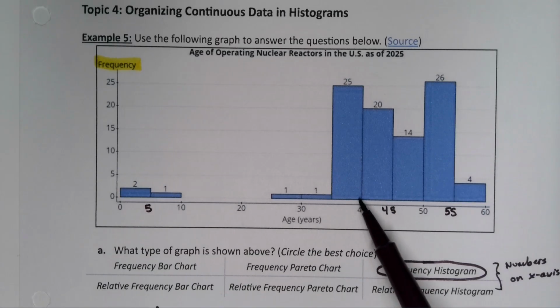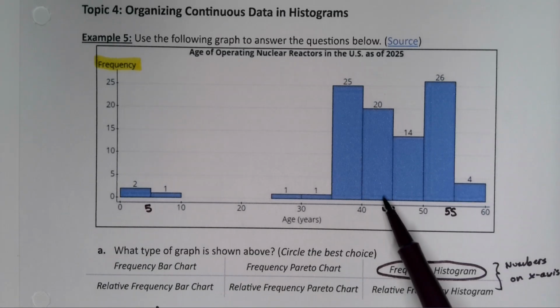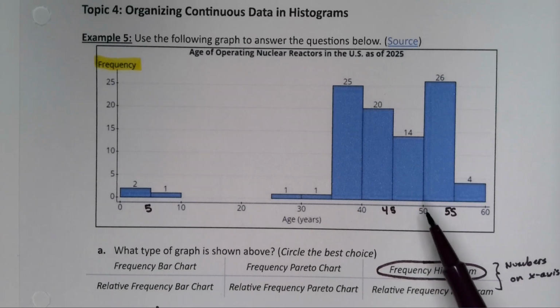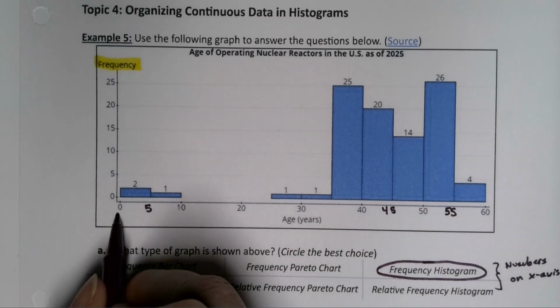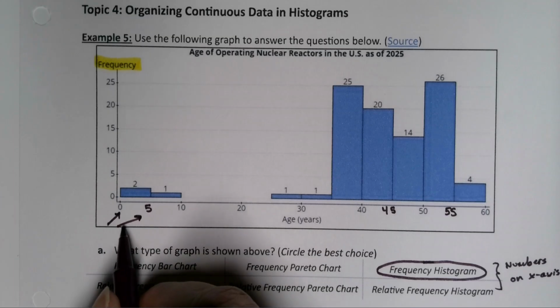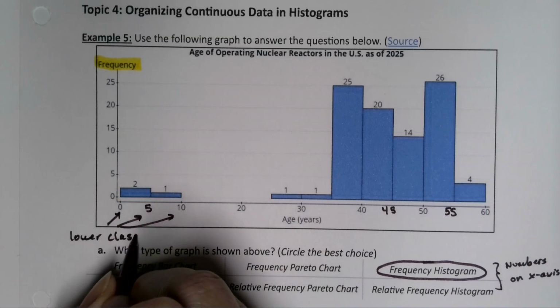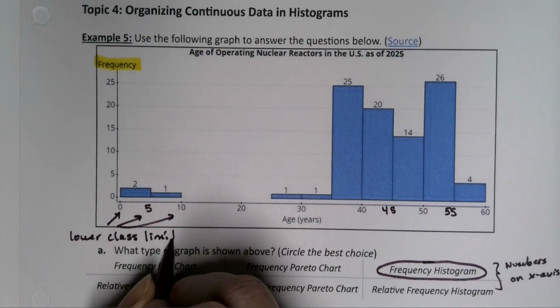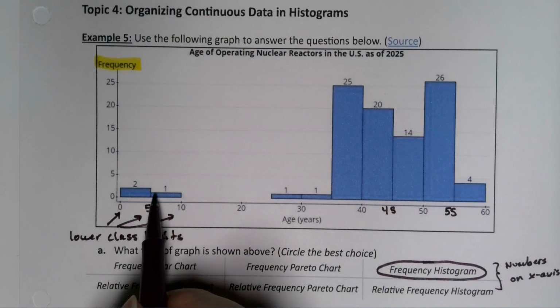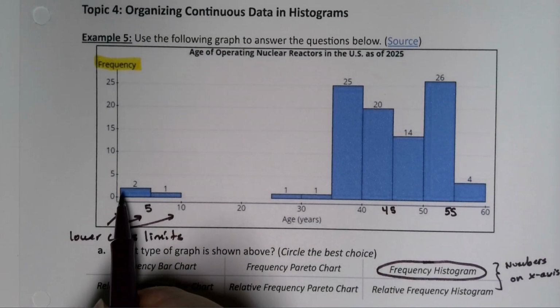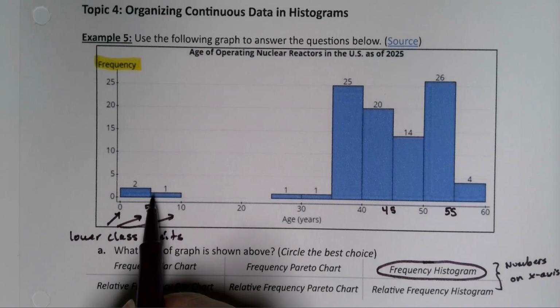This bar right here is the 40 to 44-year-olds, right? 45 is actually the start of the next bar. I should mention, these numbers that we see here are lower class limits. We're seeing the low edge, the first number in a class. So the first number for this class is 0, the next is 5, and so on.